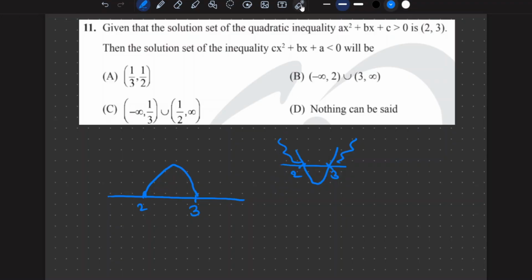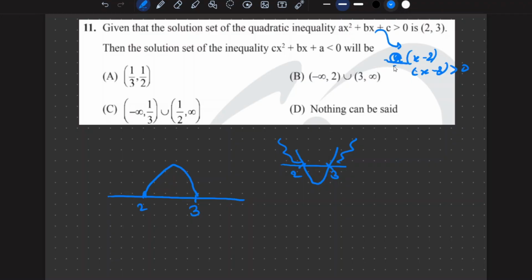Now the second observation is that, can you see that if this equation has alpha and beta as its roots, then this equation will have 1 by alpha and 1 by beta as its roots. Can you see that? So this equation can be written as, since the interval is given, a times x minus 2 times x minus 3, right, greater than 0.